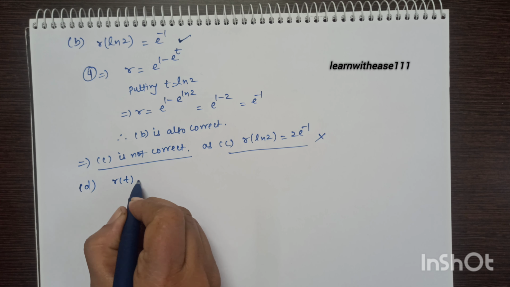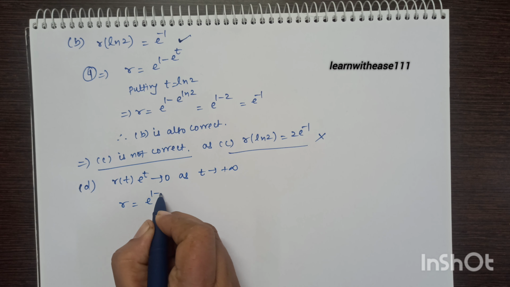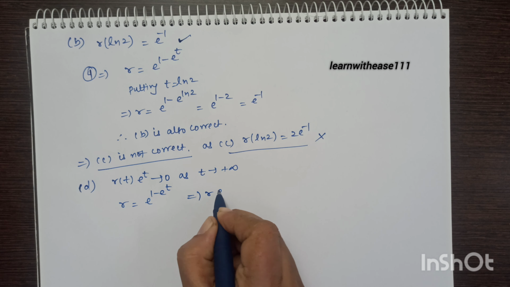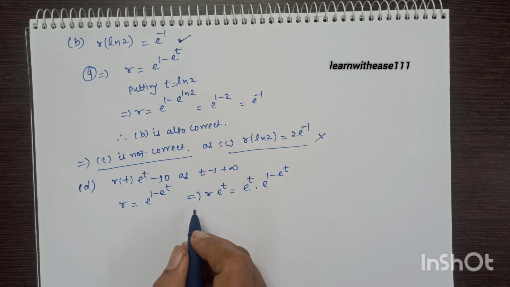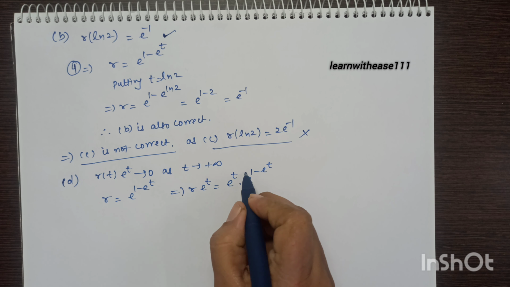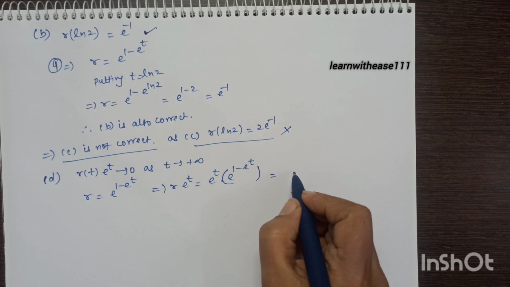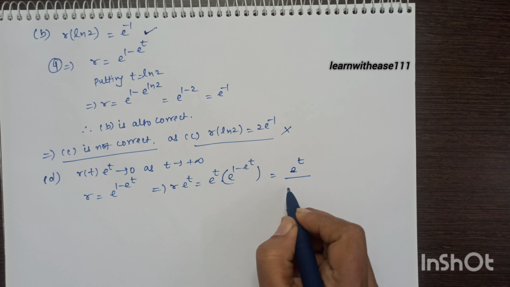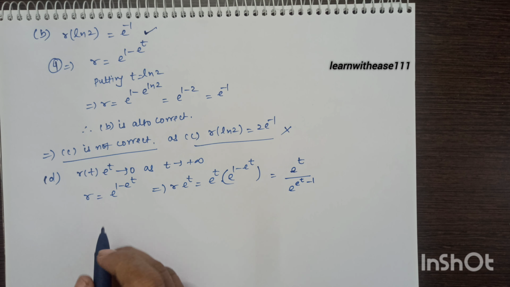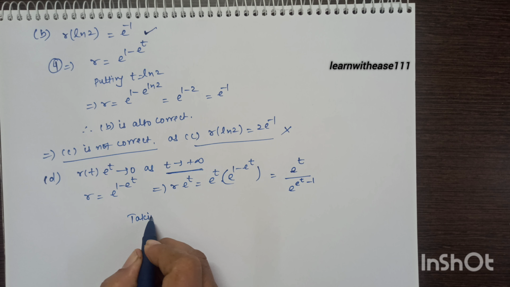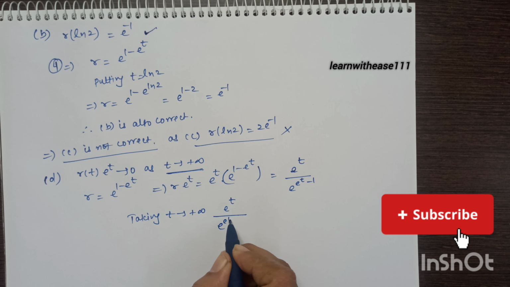So checking D. D option says r of t into e to the power t goes to 0 as t goes to infinity. So first find the product r into e to the power t. Multiply e to the power t with r. So now this will become e to the power t upon e to the power t minus 1. Now taking t as plus infinity, this will be e to the power infinity upon e to the power infinity.